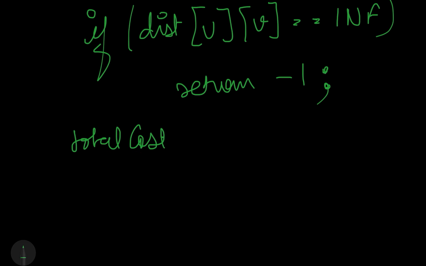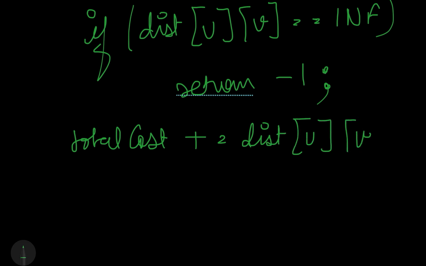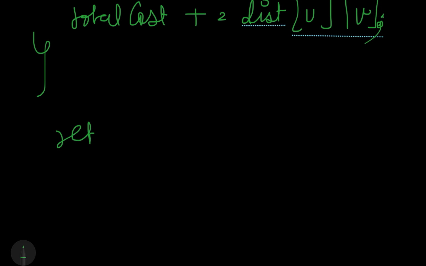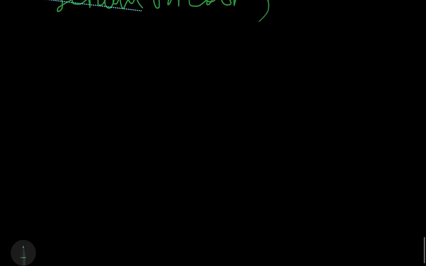Otherwise we'll just increase our total cost by the distance to move from u to v. Okay, and finally we'll return our total cost. Okay, so this was the problem.